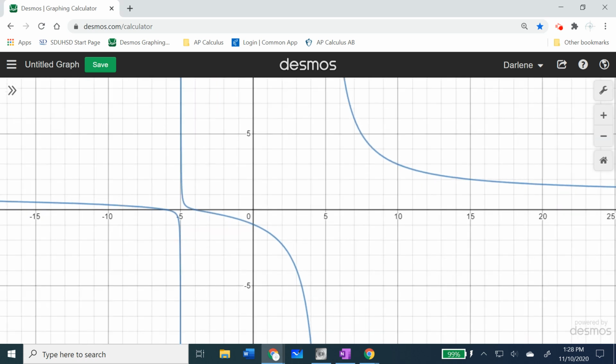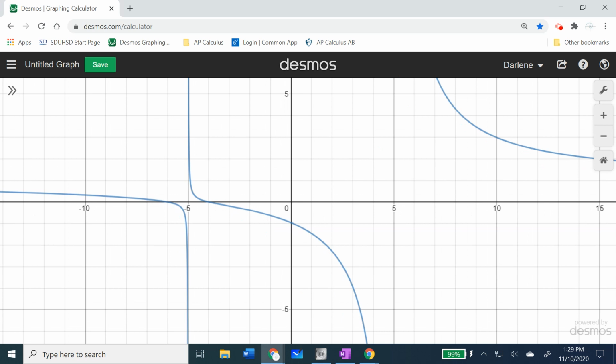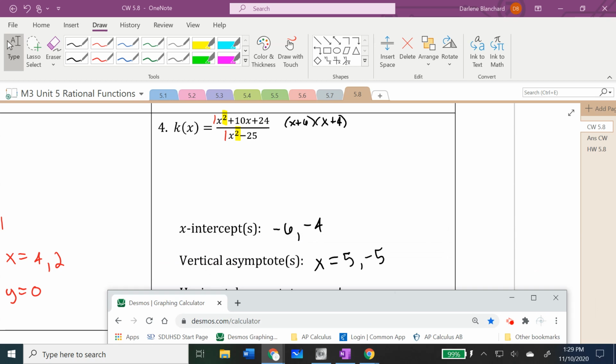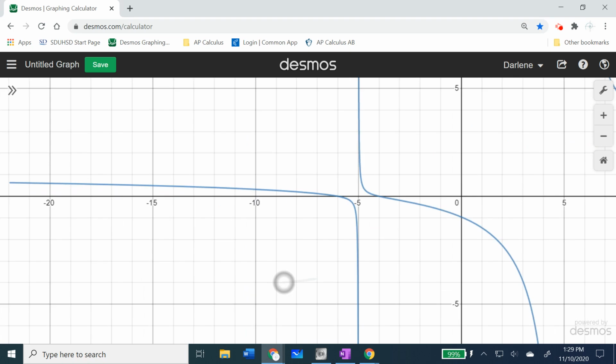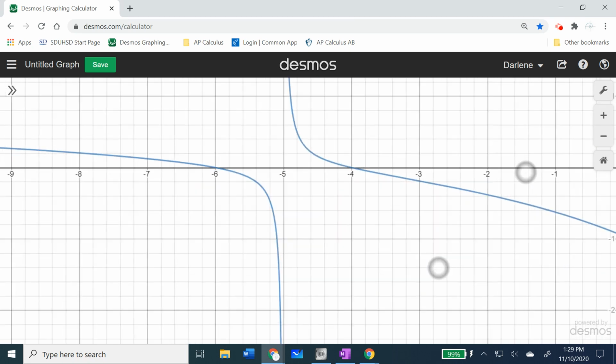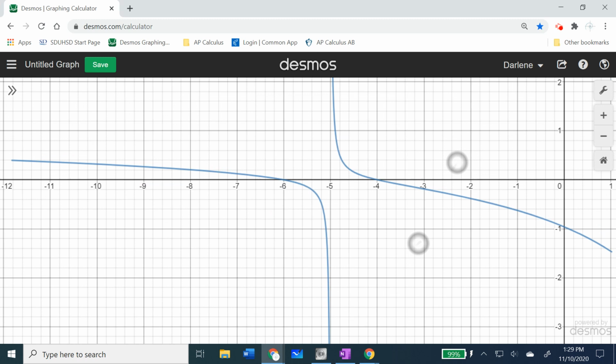That is really quite an interesting graph. It has the vertical asymptotes of 5 and -5 as we expected. It has two x-intercepts, -6 and -4. And you can see those right there.